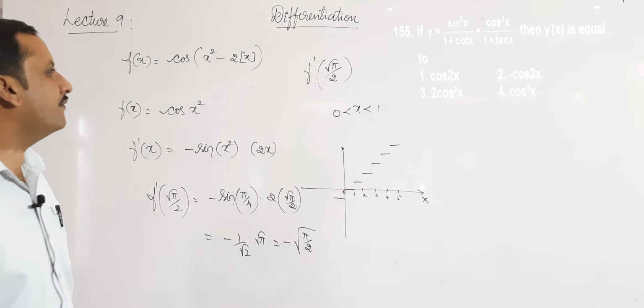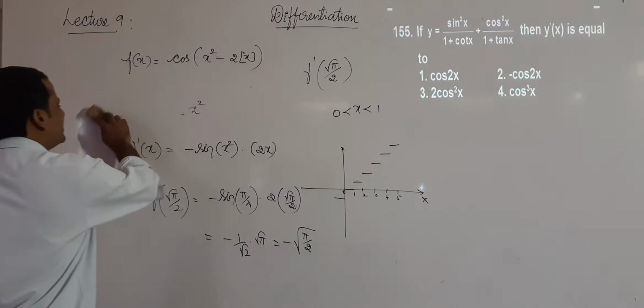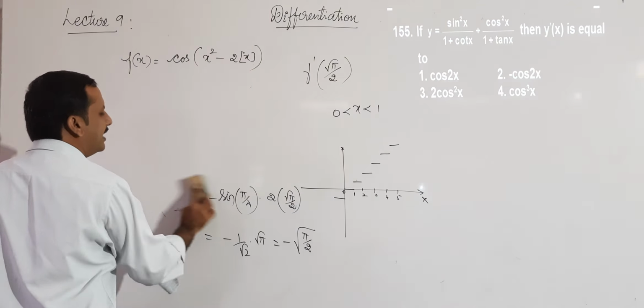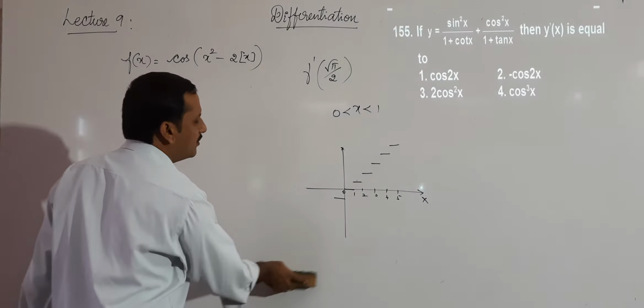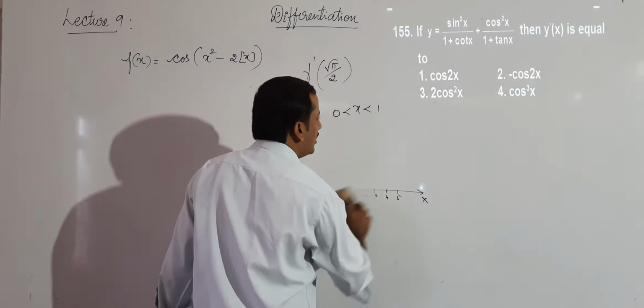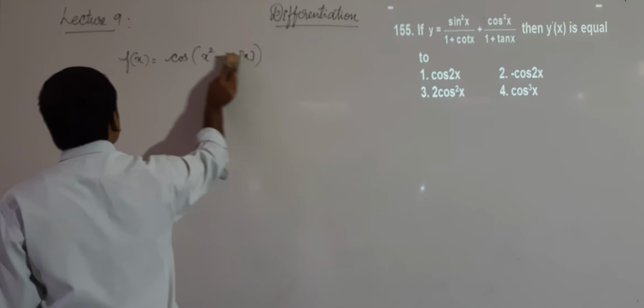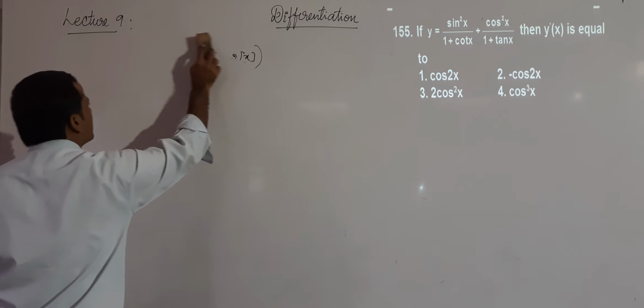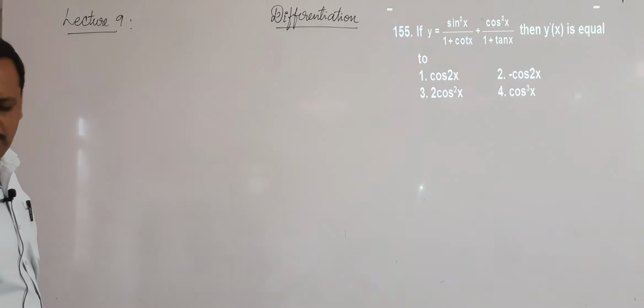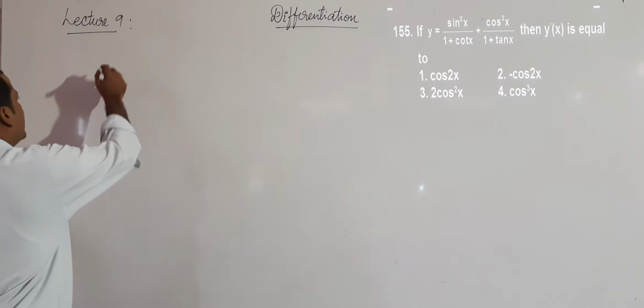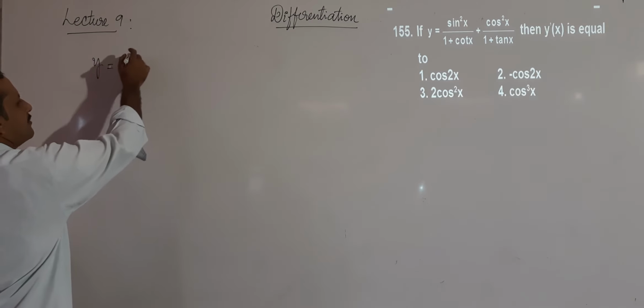Then 155. If y is equal to sin square x divided by 1 plus cot x plus cos square x by 1 plus tan x, then y dash of x is equal. So we need to differentiate this one. Before I differentiate it, let us further simplify.